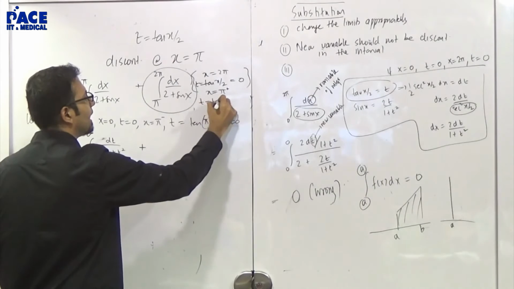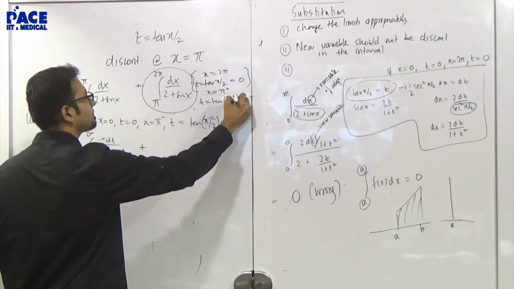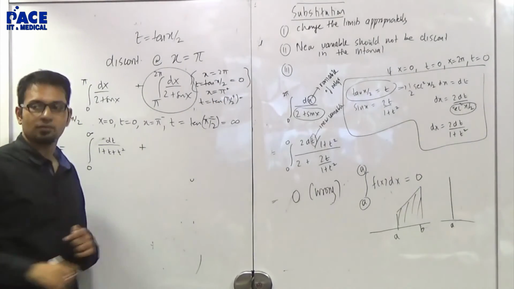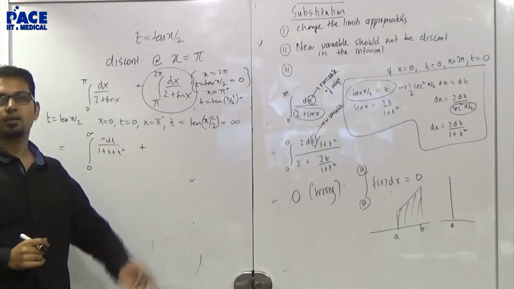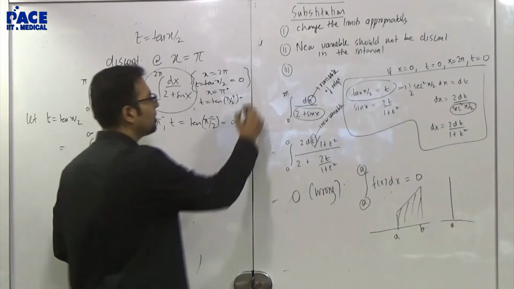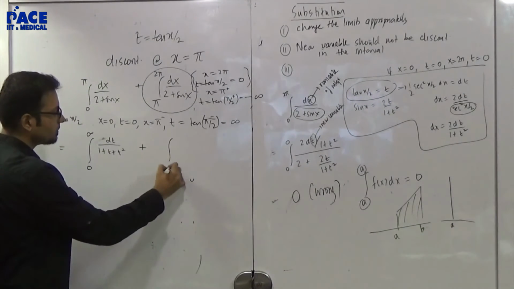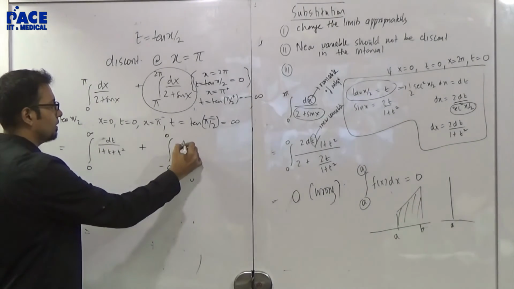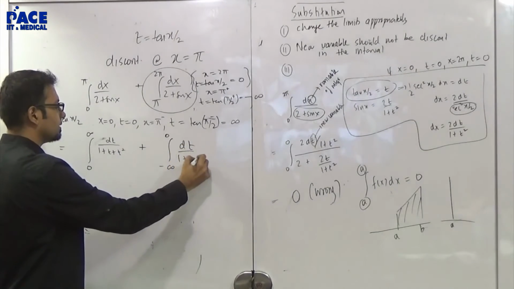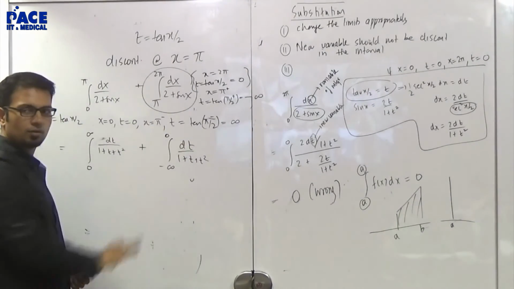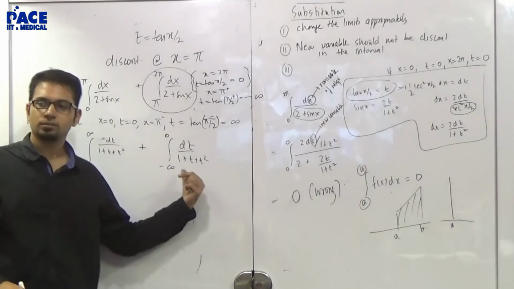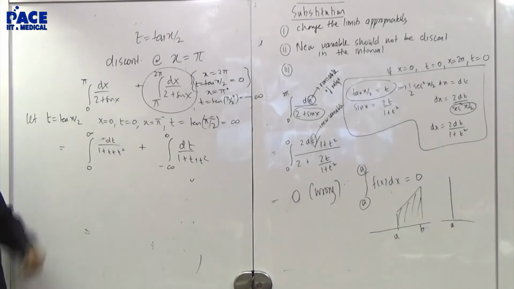What is tan of 90 plus? Negative infinity. 90 से थोड़ा आगे जाएगा तो second quadrant में जाएगा. Become negative. So it becomes minus infinity. So the second integral becomes minus infinity to 0 dt upon 1 plus t square. This all I have explained before. वो कैसे आता है इसको लिखोगे. And now you integrate it.